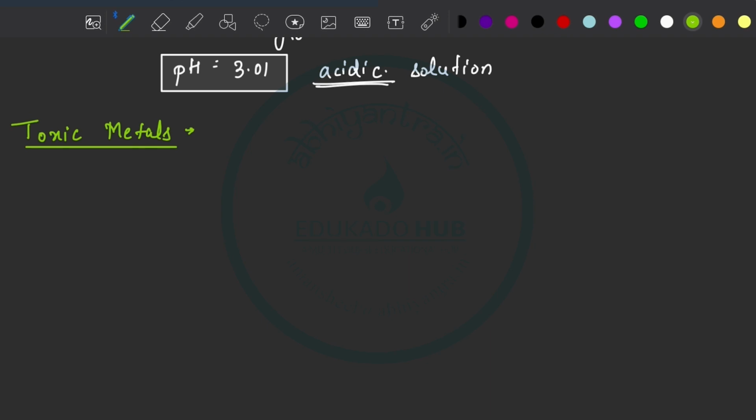Toxic metals are cadmium, lead, that means Pb, mercury, that means Hg, silver, that means Ag, arsenic, that means As, and barium, that means Ba. These are the toxic metals that are present in the water.